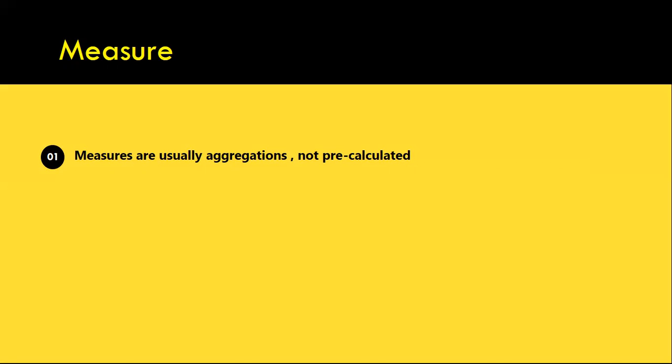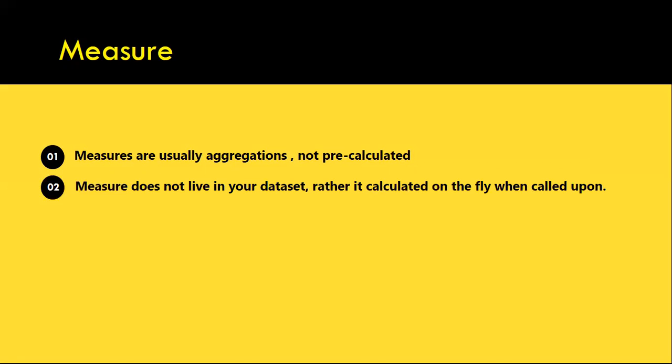A measure does not live in your data set, as I told you just now. Rather, it is calculated on the fly when called upon. Whenever you call the measure, only at that time will the formulas used inside your measure get calculated. It is not stored in your data set.